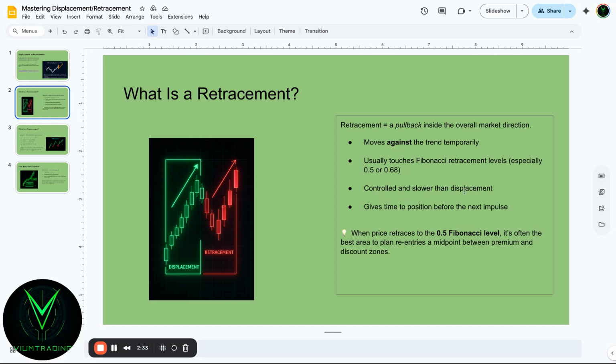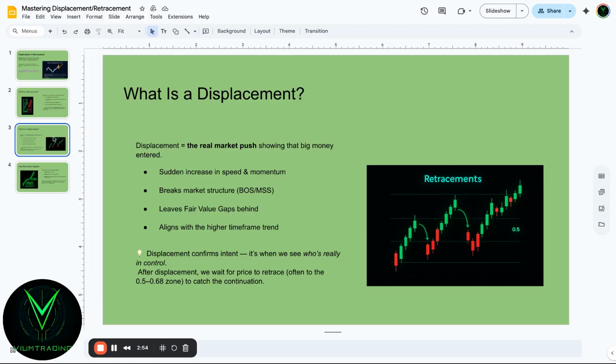This is the displacement. It's way more aggressive than the retracement most of the time. And like I said, you should wait for the 0.5 Fibonacci level. That is the discount price for you, to get a cheaper price for a better entry.